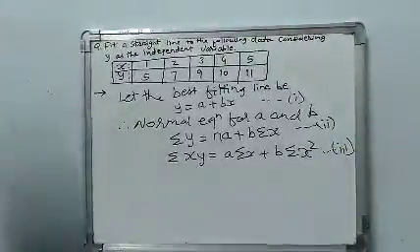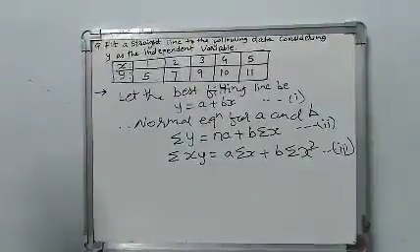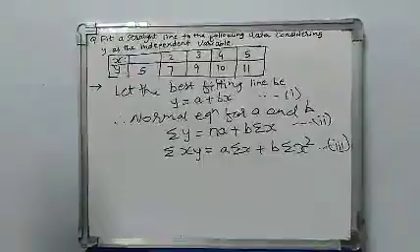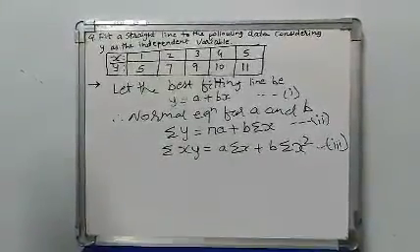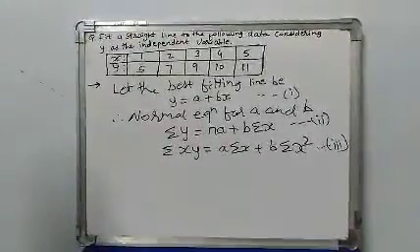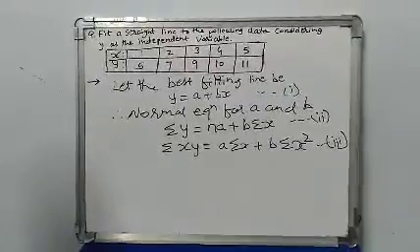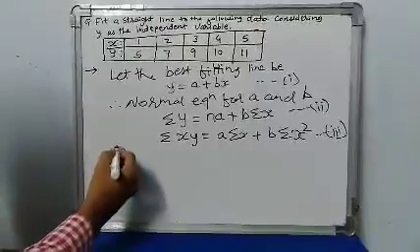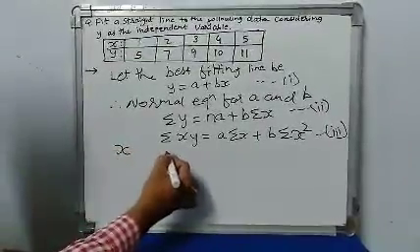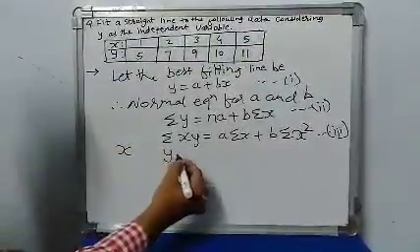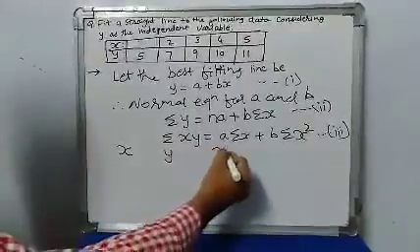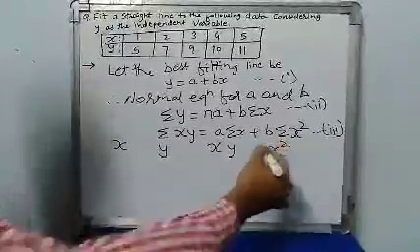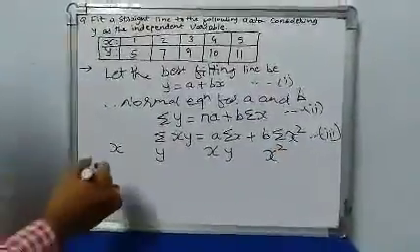Now we have to do various calculations, and for that we will show them in a tabular form. The table will have the columns x, y, xy and x square.